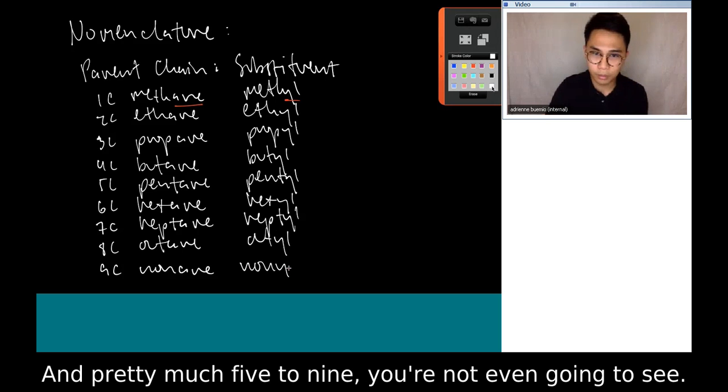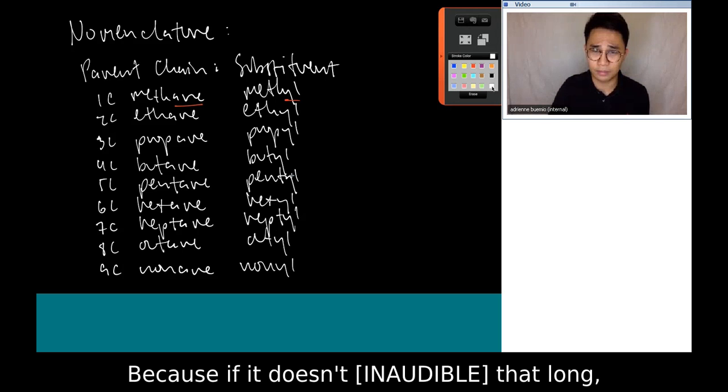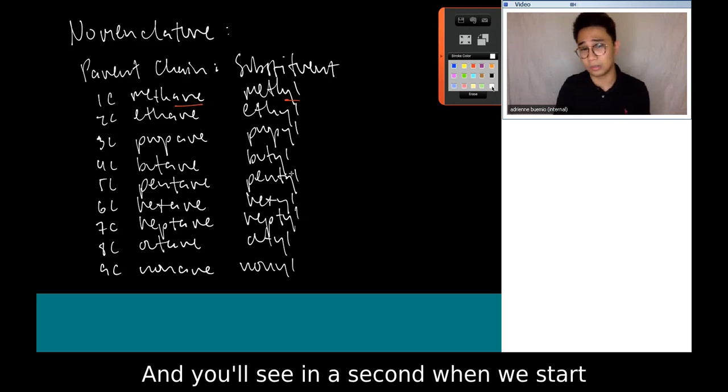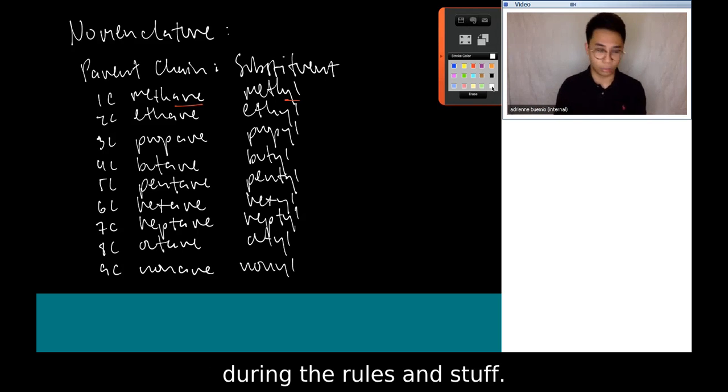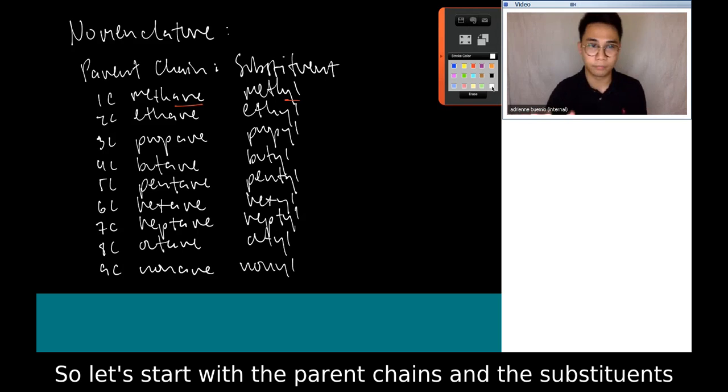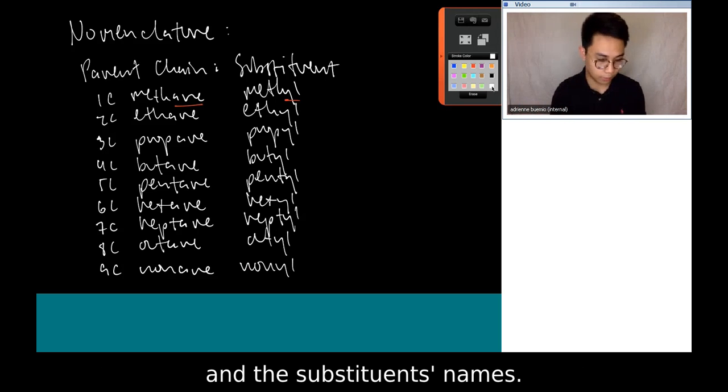And pretty much 5 to 9 you're not even going to see, because if it's a substituent that long, most likely it's going to be part of the parent chain, and you'll see in a second when we start doing the rules and stuff, right? Okay, so that's that with the parent chains and the substituent names.